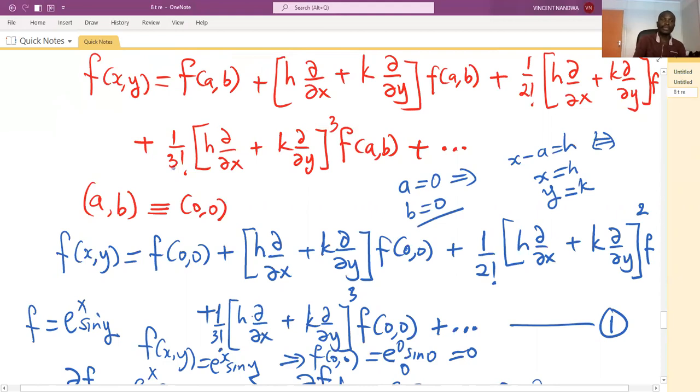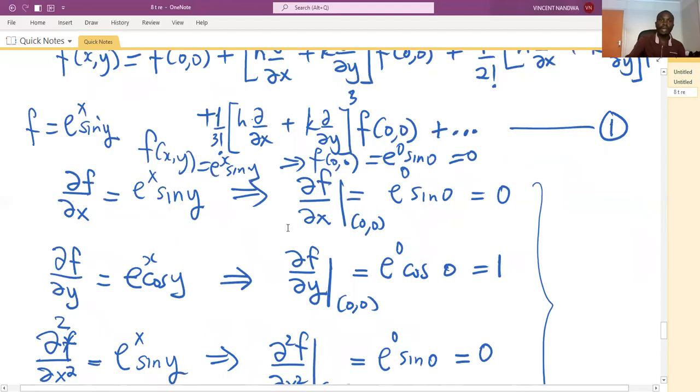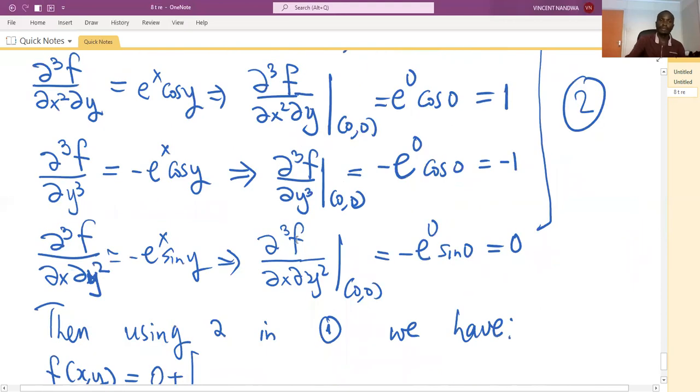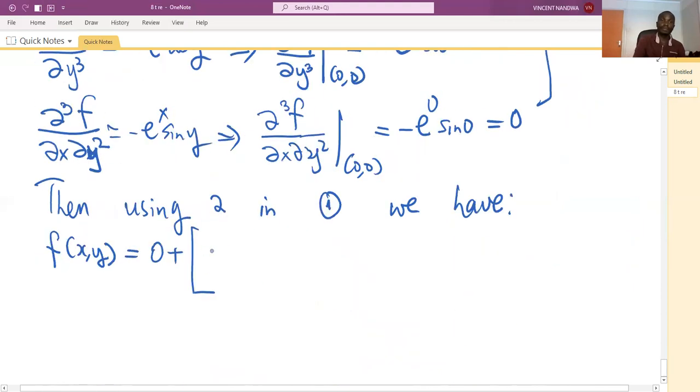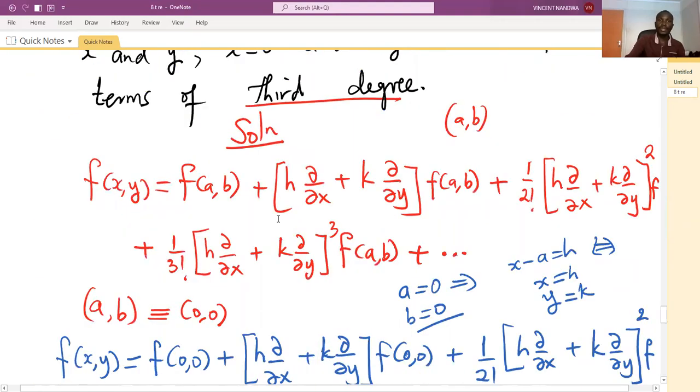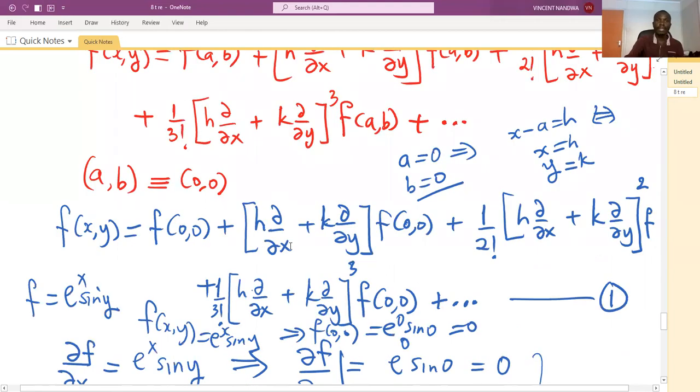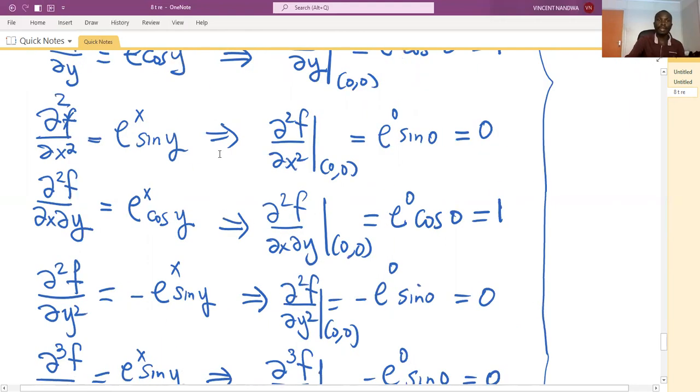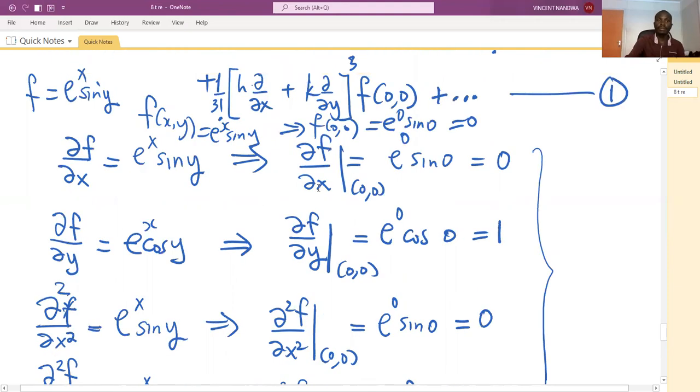So therefore, in this formula 1, where there's h, you replace x, where there's k, you replace y. So you'll have x times the first partial derivative with respect to x, our answer here was 0.